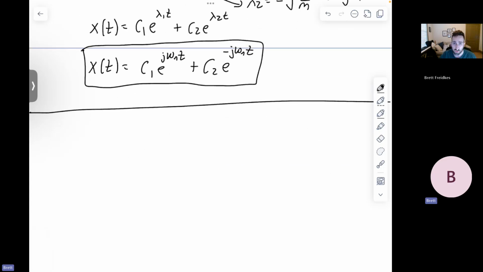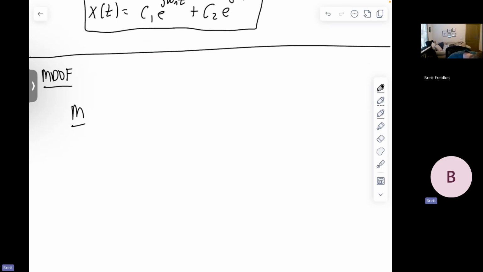When we jump to multi-degree of freedom, it gets a little bit more complicated. We are still going to assume some solution like that, but we're going to assume that it is our matrix that we're assuming, not just one of the displacements. Remember, we have two displacements, x1 and x2.